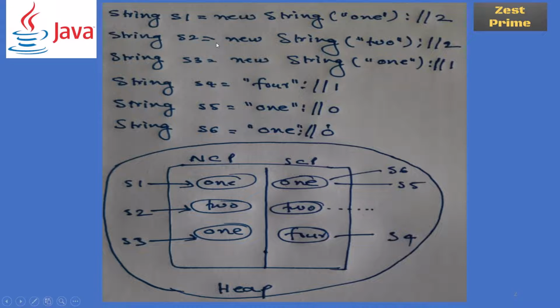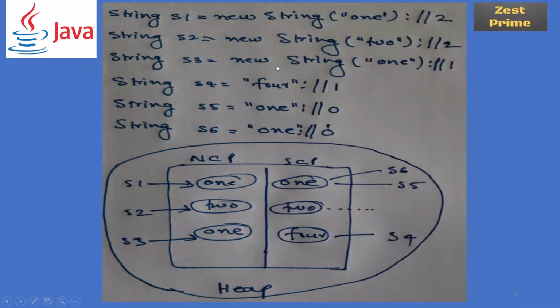Again there is a new keyword, so s2 will be created as an object in the non-constant pool, whereas "2" is a literal, and it will create an object in the constant pool, as this is a new literal and it is not present in the heap. So "2" will be created and pointed to by the JVM. Otherwise, if there is no reference, the garbage collector would remove it, so to survive, the JVM points to this object. That's what I mentioned here with the dotted line.